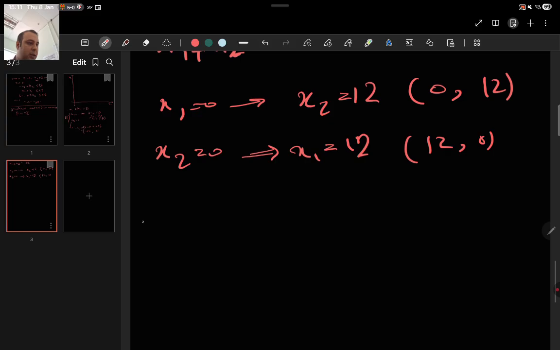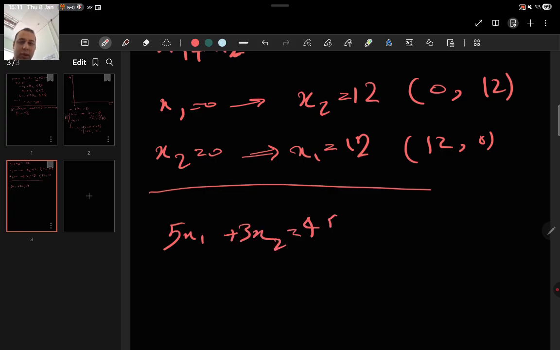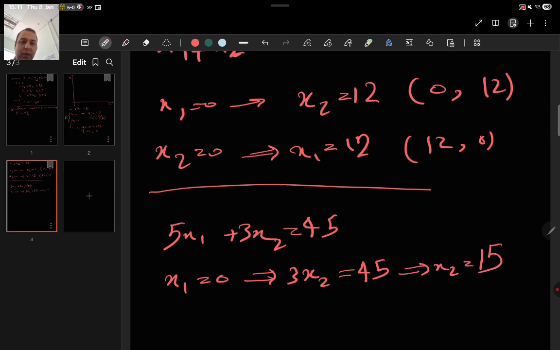So the third line we have 5x1 plus 3x2 equal to 45. Actually it is less than, but we want to draw it, so we put equal to make it easier. If x1 equal to 0, we have 3x2 equal to 45, so x2 equal to 15.